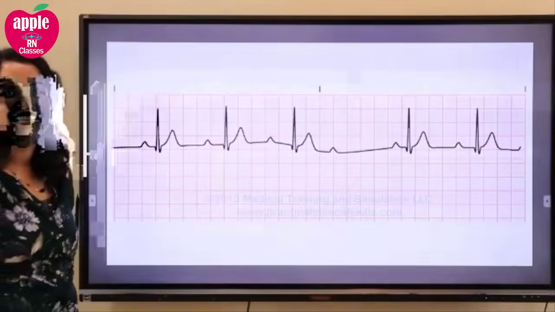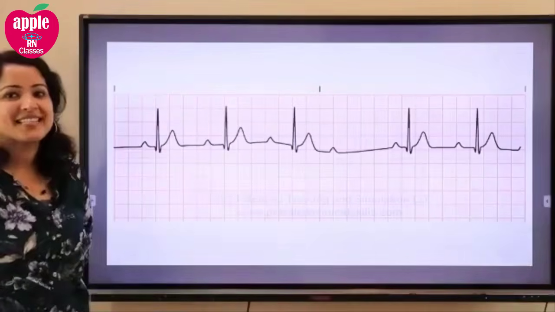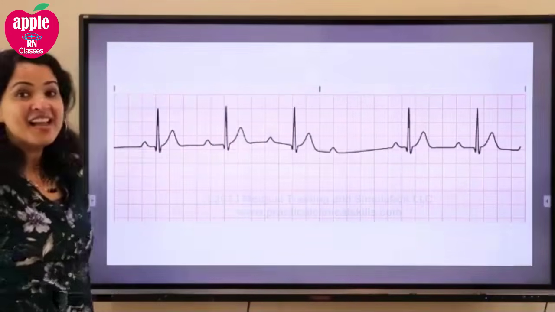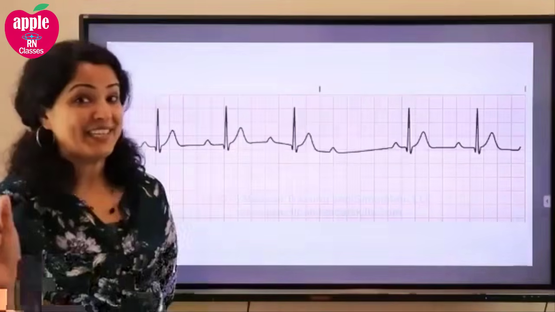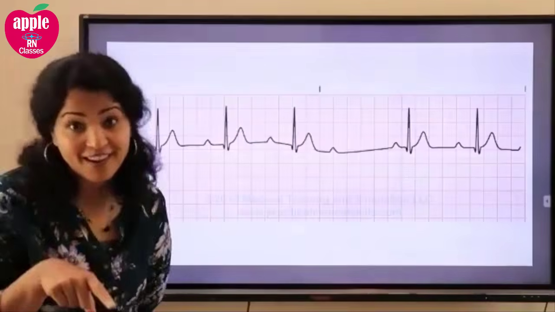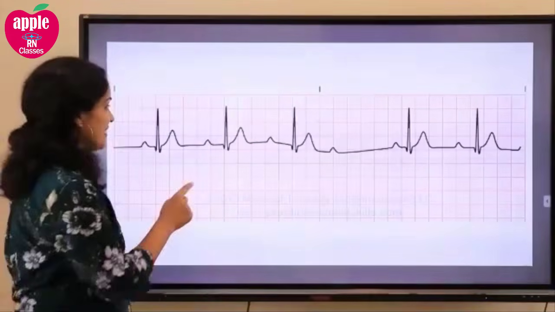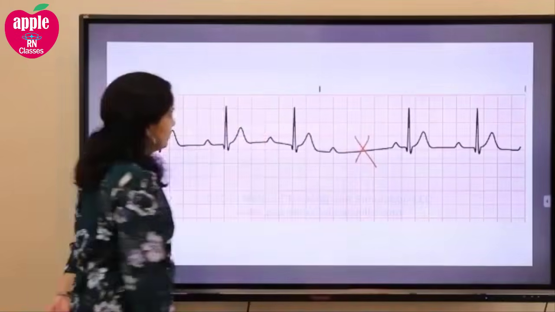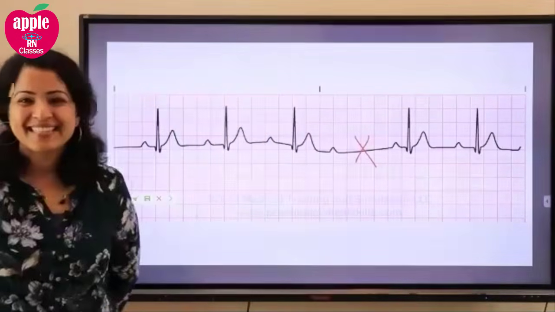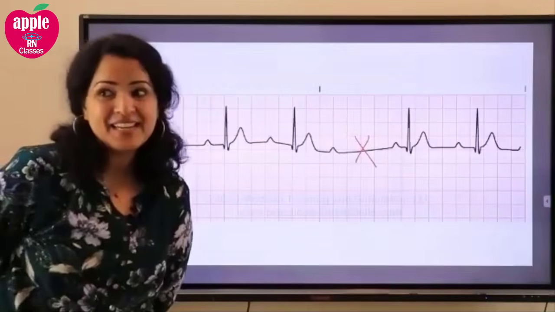Okay. Nimi, Danya, Shiji, Tracy. If you look at that, one thing we can eliminate for sure, that is not first degree, because there is a dropped QRS. You see that, right? So it's not first degree.